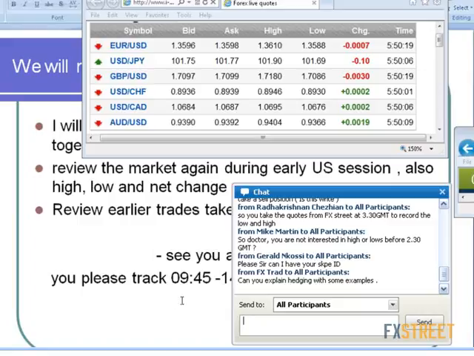Then Kausi asks: if the market for any pair is currently trading lower than that of 3:30 GMT, should you take a sell position? Yes, if they are holding below the initial low for more than 30 minutes after breaching the low, you can definitely take a sell position, and you will be able to keep the stop at entry.